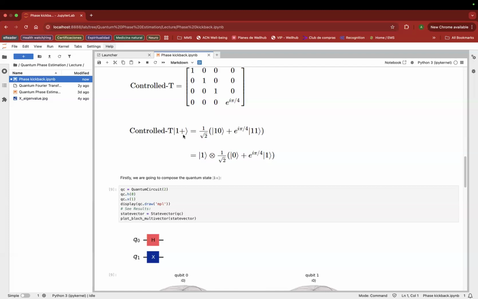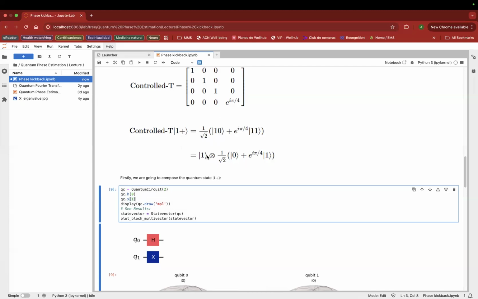How you need to read everything is that this is qubit 0 and qubit 1. Why? Because if we translate this from binary to a decimal number, this would be the exponent 0 and this would be the exponent 1. So it's in order. This is qubit 0 and this is qubit 1. Here we have a control qubit and a target qubit, and we can extract a common factor by the control T gate.